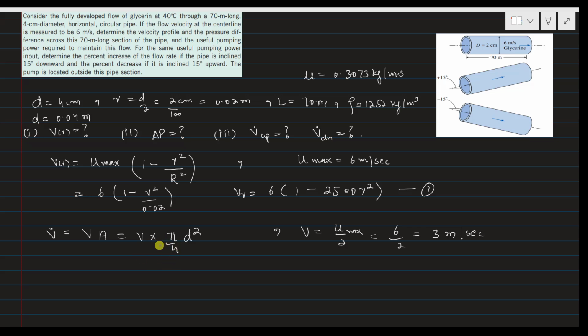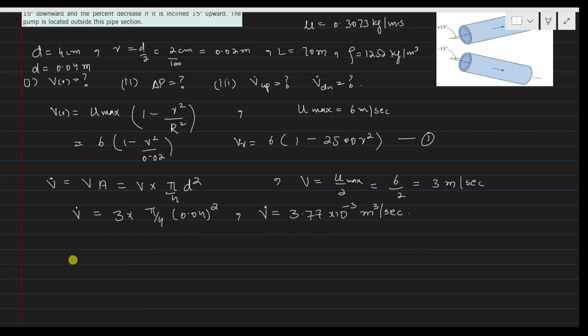Now put this in the formula: 3 multiplied by pi by 4 times 0.04 square. Then you will get the volume flow rate, that is 3.77 multiplied by 10 to the power minus 3 meter cube per second. Next we need to find the Reynolds number. So what is Reynolds number?